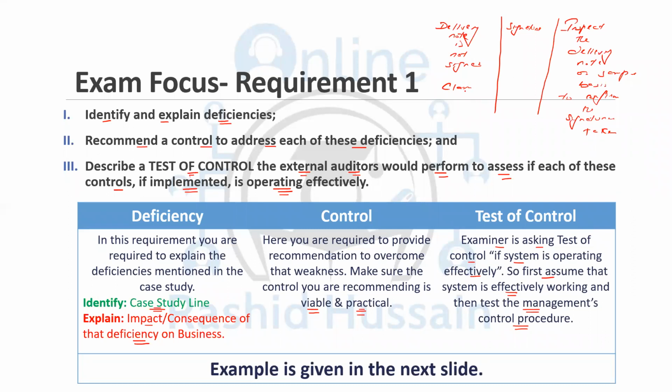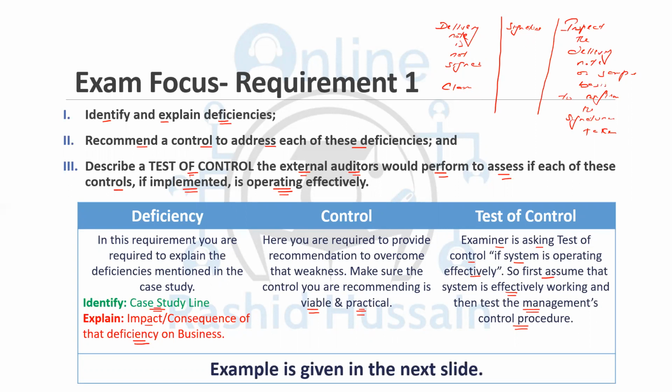Now, the first column includes the weakness which you have explained, that they are not taking the signature, as a result, the customer can later on claim that they have not received the goods. An examiner is not asking you to apply the test of control on the deficiency because they are telling you first to assume that everything is going fine and then apply the test of control.